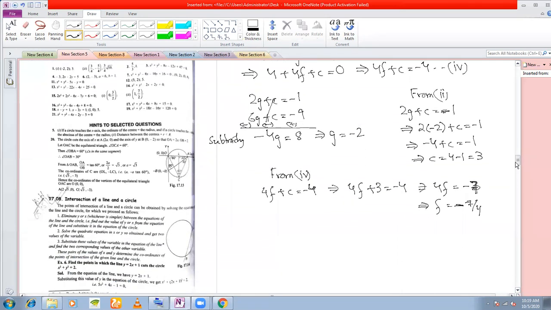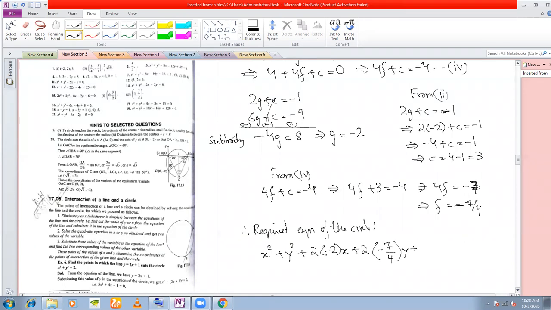So what is the equation of the circle? Therefore, the required equation of the circle, put it in the general form: x squared plus y squared plus 2gx plus 2fy plus c. What is the value of g we got? Minus 2. What is the value of f we got? Minus 7 by 4.